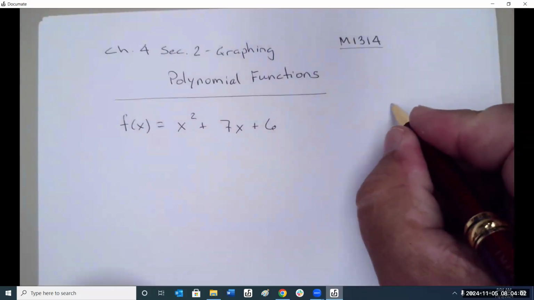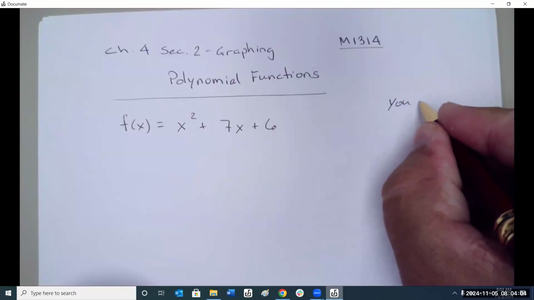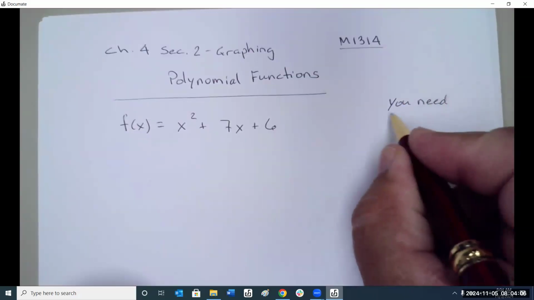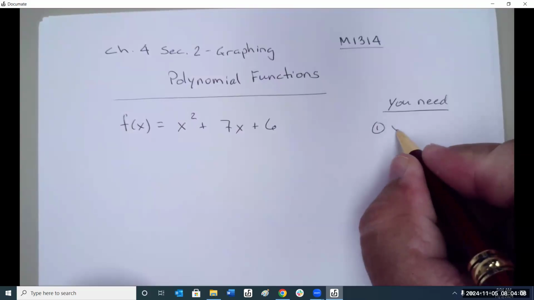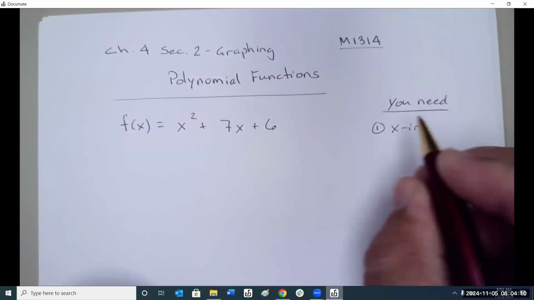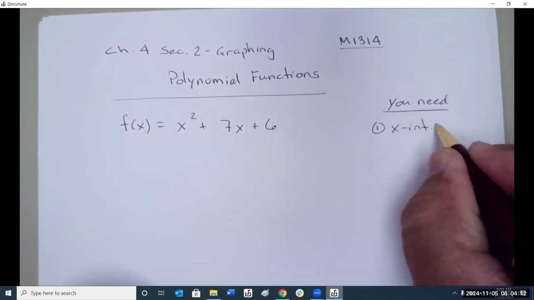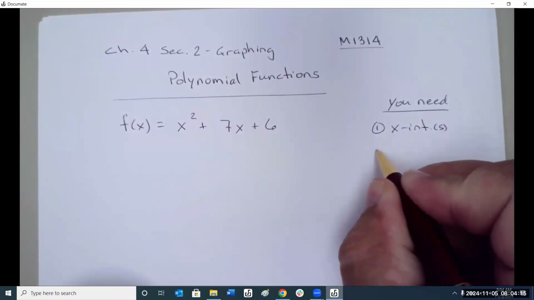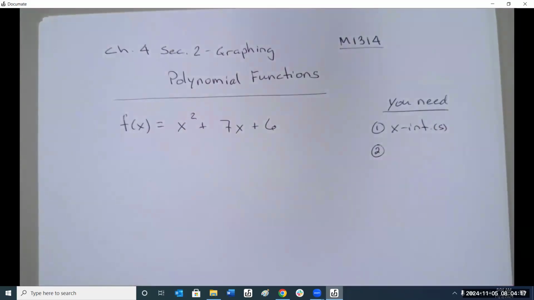You need the x-intercepts. What else do you need? For any polynomial or just for this one?